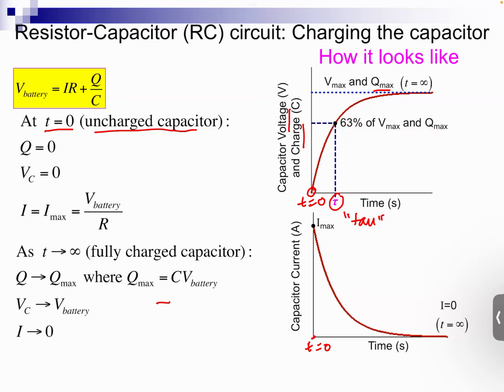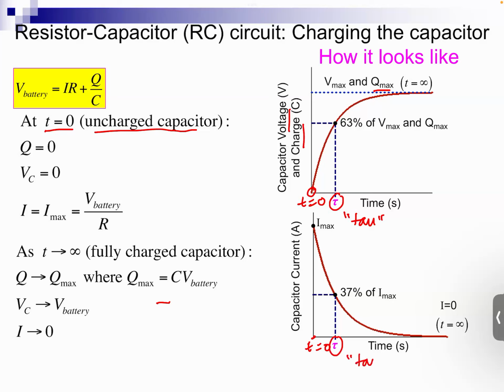So when the charge stored on the capacitor plates is 63% of the maximum possible charge that can be stored, or if the voltage across the capacitor plates is 63% of the battery voltage, then that's the time tau. There's a corresponding current for that particular time, also at tau.